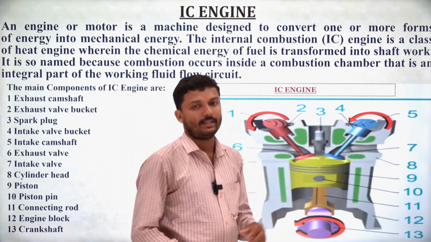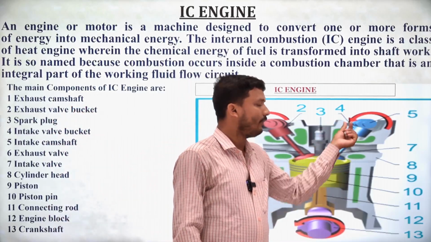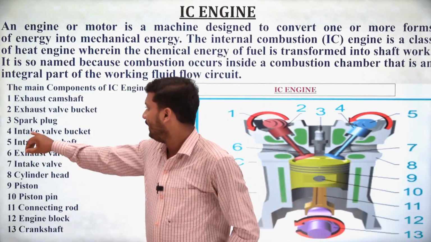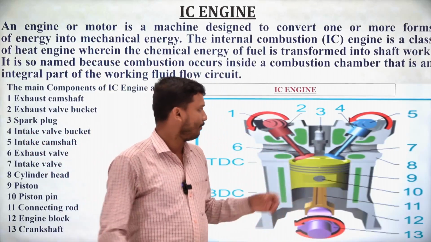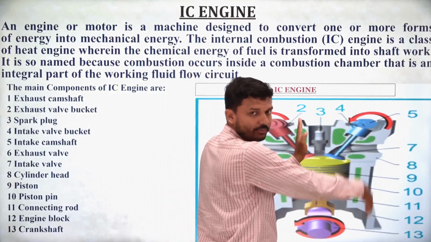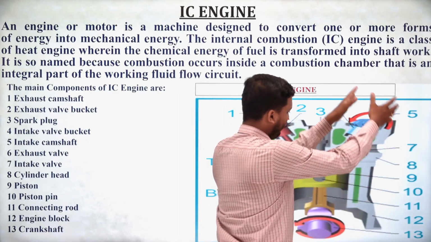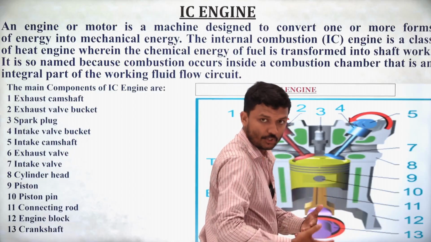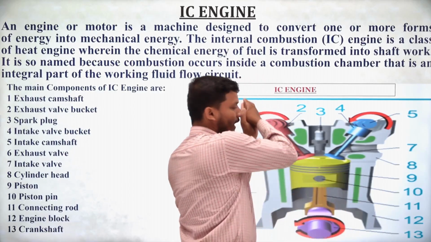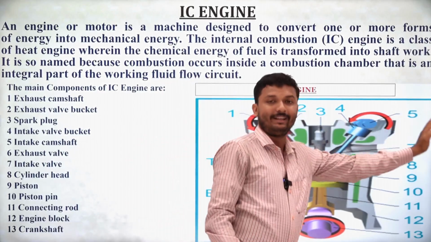Number 2 is the exhaust valve bucket, and number 4 is the intake valve bucket. Same thing for both different sides. This right hand side that you are looking at is the intake part, where the fuel enters. After combustion, the smoke is exhausted from the left side. This is completely the exhaust part, and this is completely the intake part.